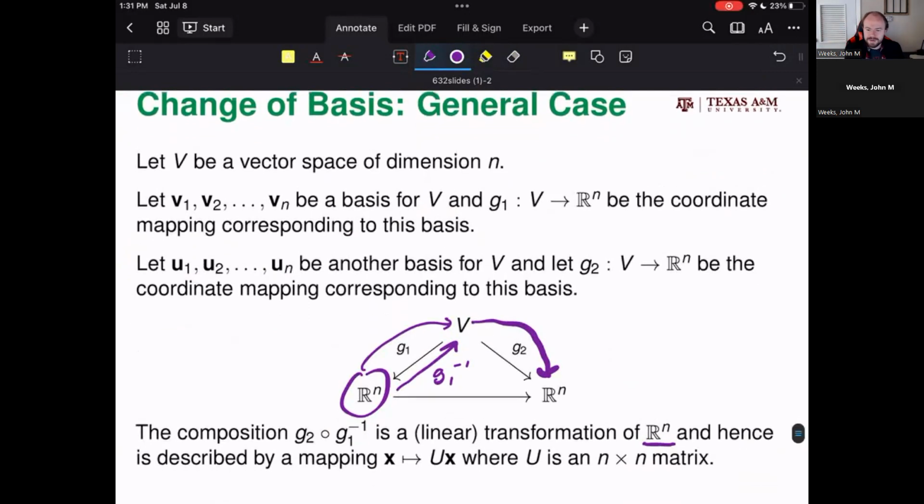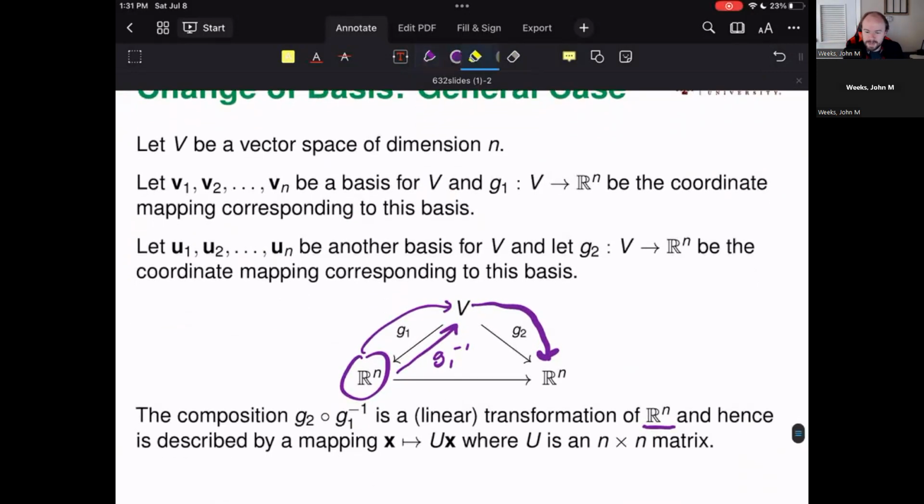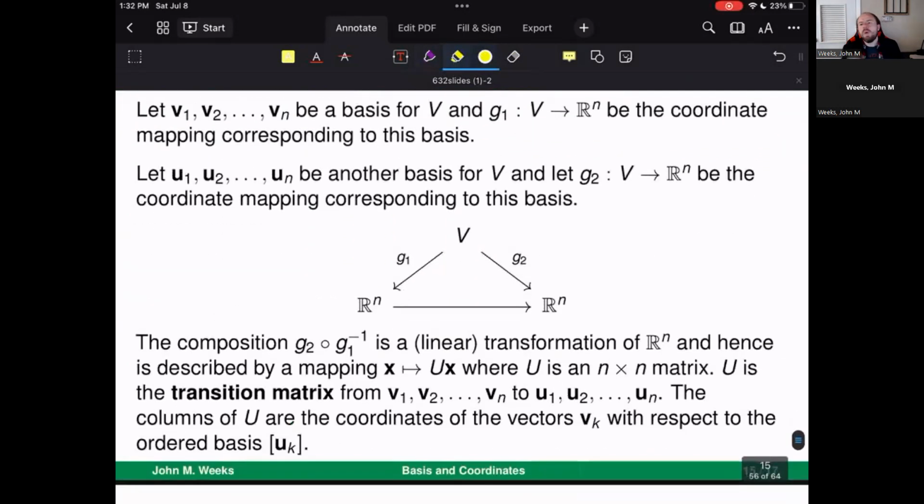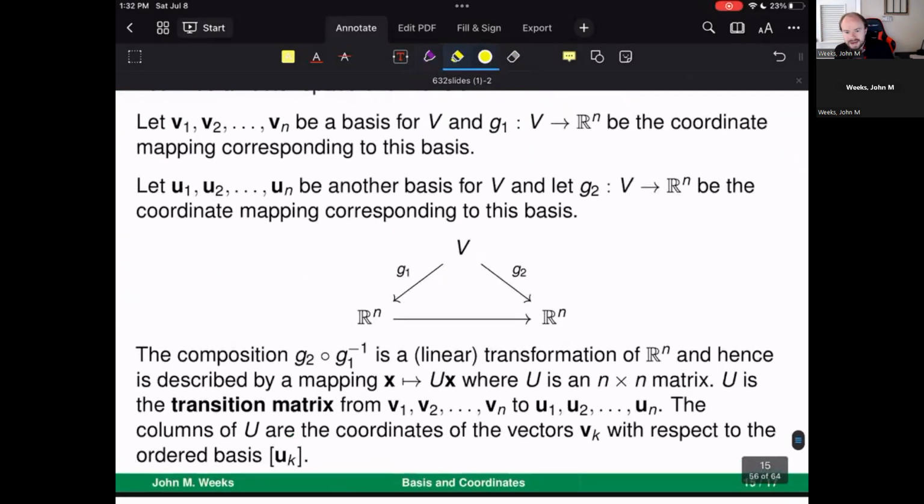So this transformation is going to be described by a transition matrix. X maps to U of X, where U is some n by n matrix. We've studied transformations of Rn already, so we know that we can find this transition matrix going from one set of vectors to the other.